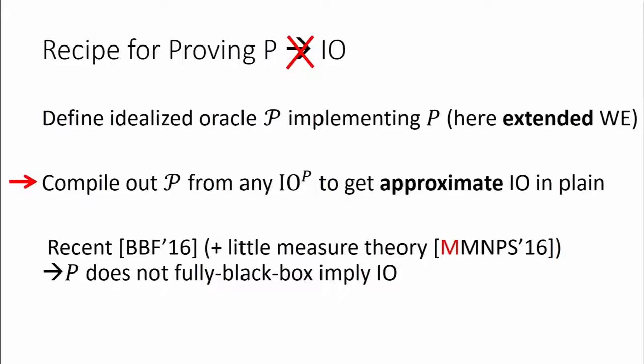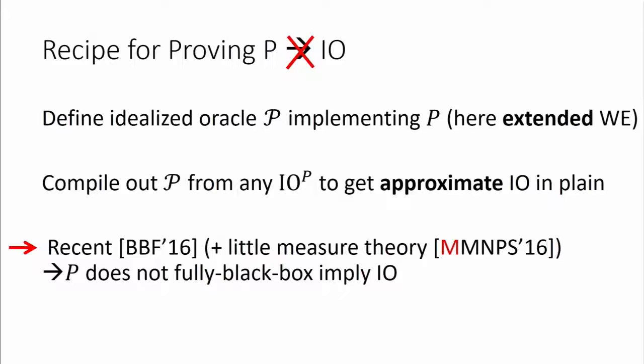If you can actually compile out this oracle and get something close to I/O, which is called approximately correct I/O, where you're back to the plain model, but your correctness condition is a little bit hurt, and it's only correct 99% over the input, then we already know that you can conclude that there is no fully black box construction of I/O from P.